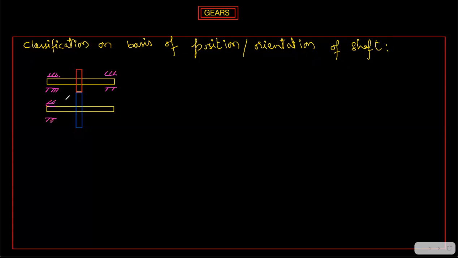So now how are the shafts oriented? If you look carefully, the shafts are actually oriented parallel to each other. Here the shafts are oriented parallel to each other and they are in the same plane if you see. Okay. And you can see that this is the upper gear. These are the teeth of the gear. And you have the bigger gear, smaller gear and the bigger gear.